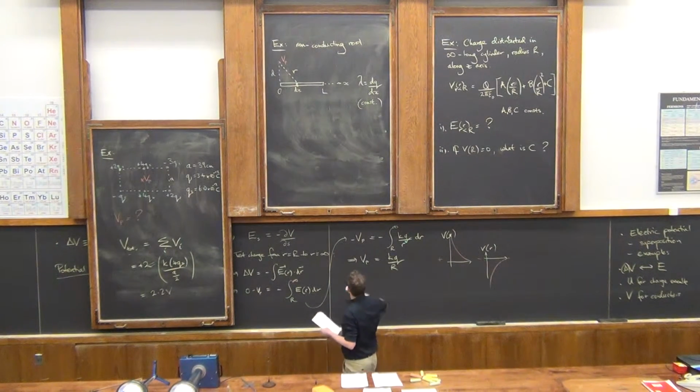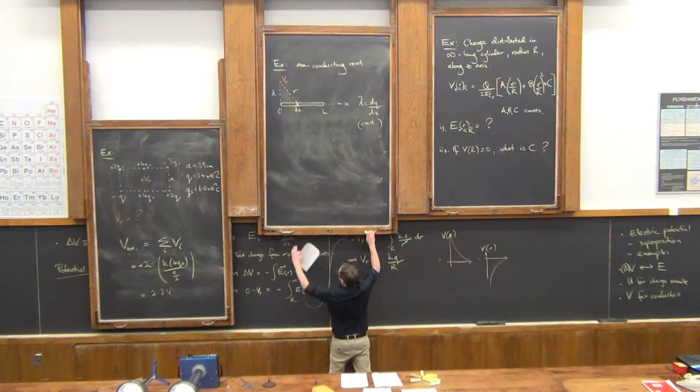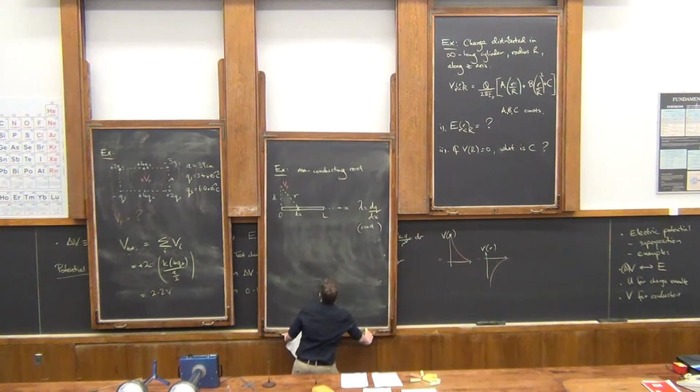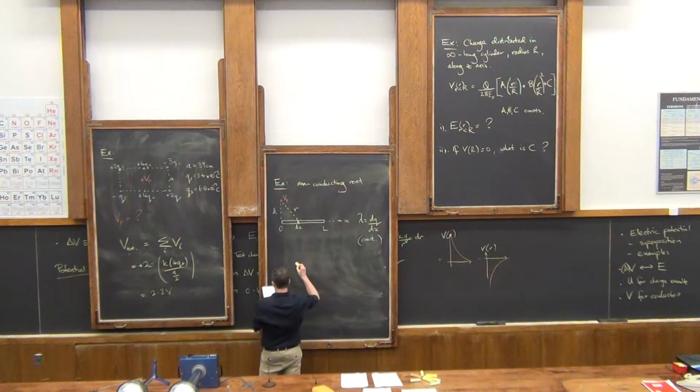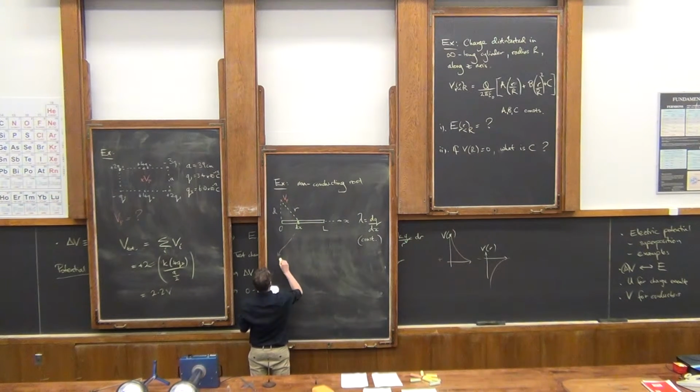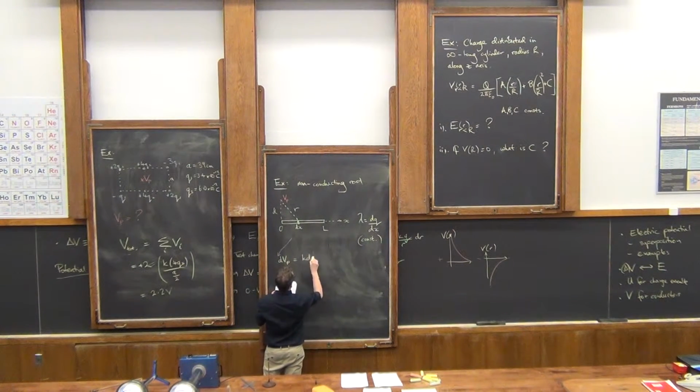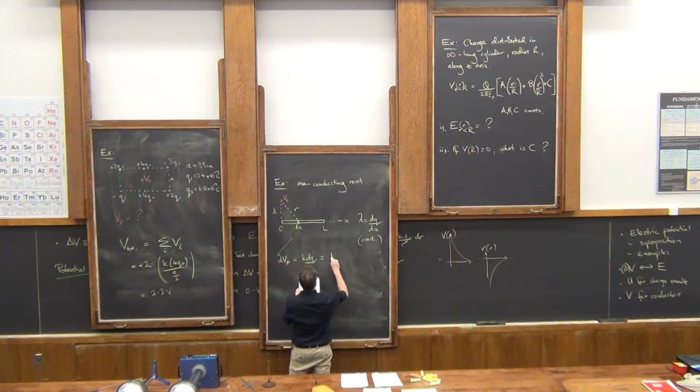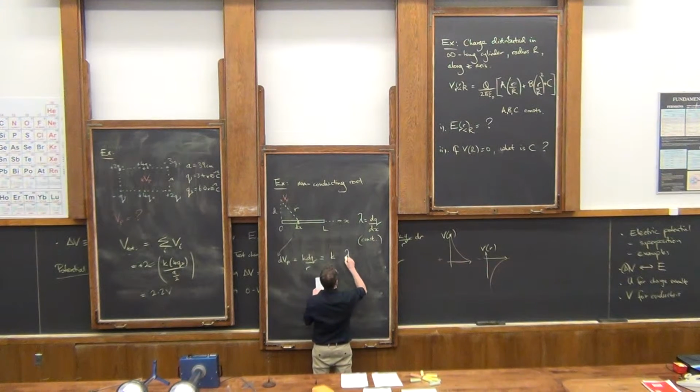And so just to remind you how this will go, I'm going to take this point here, and I'm going to say that the contribution to the electric potential at this point is just k dq over whatever my r is. So this now is k lambda dx, the usual substitution.